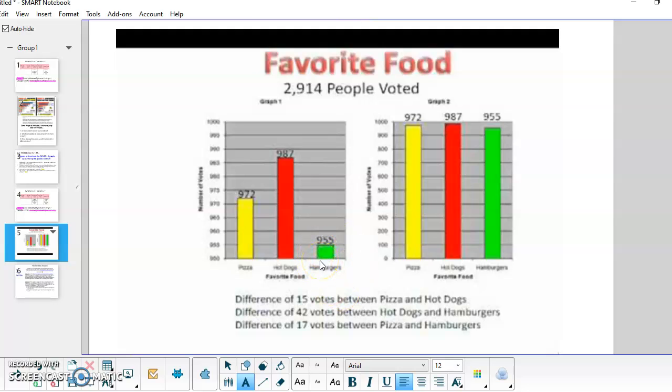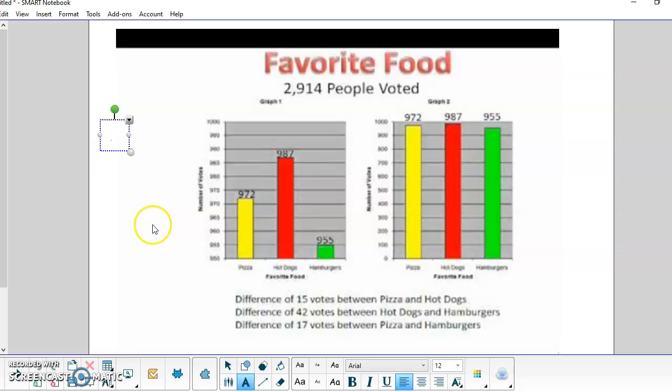Now, when we take a look at these graphs, it looks so obnoxiously different, right? It looks like in this first graph, and I'm going to go ahead over here and make some notes of the story in graph 1.